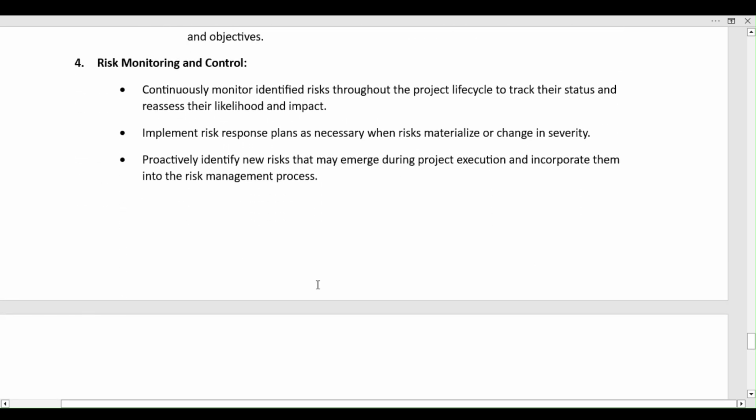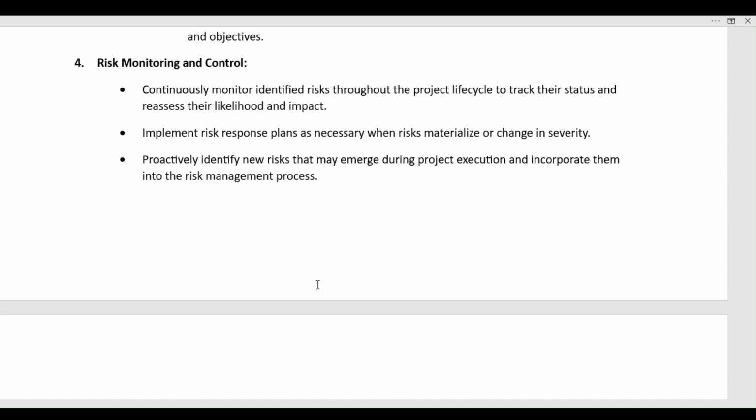Let's move on to the fourth one, which is risk monitoring and control. Continuously monitor the identified risks over the project lifecycle to track their status and assess their likelihood and impact. Implement risk response plans as necessary when risks materialize or change severity.